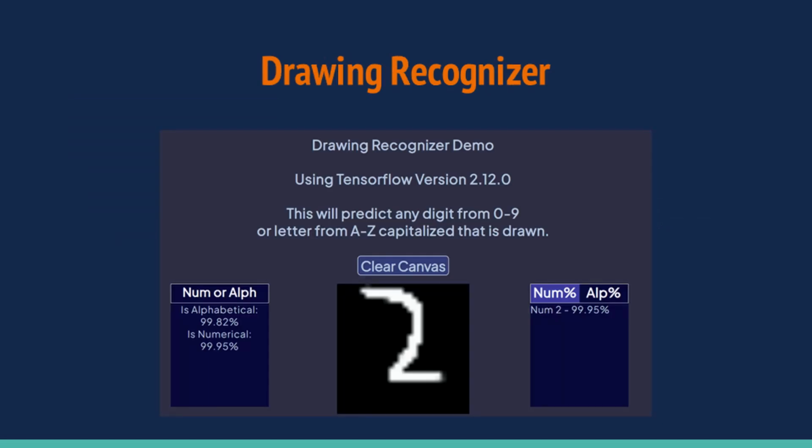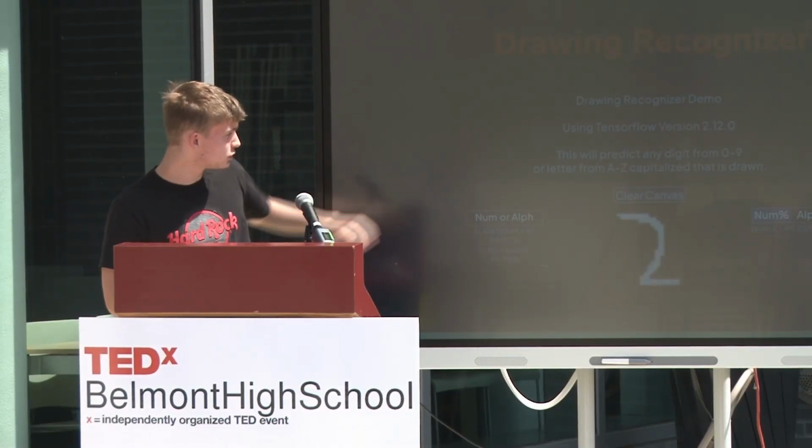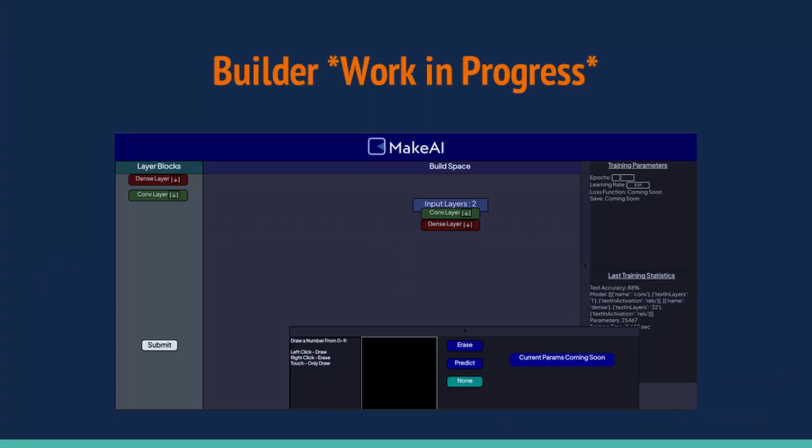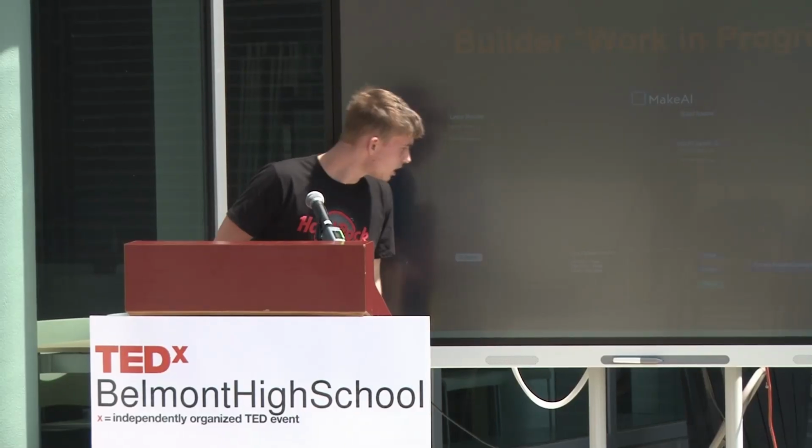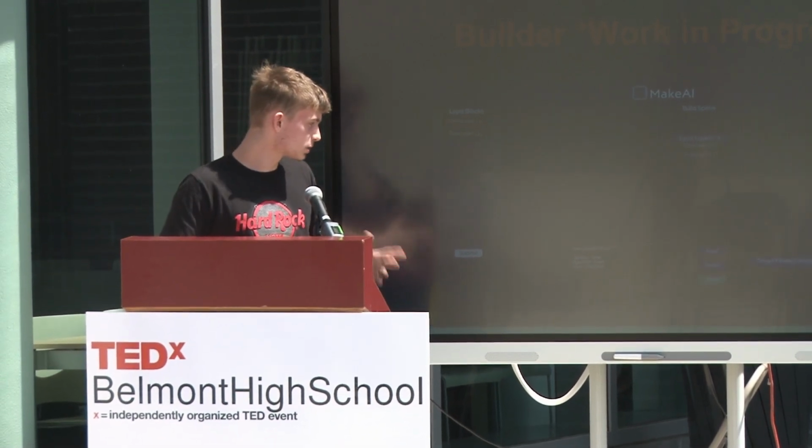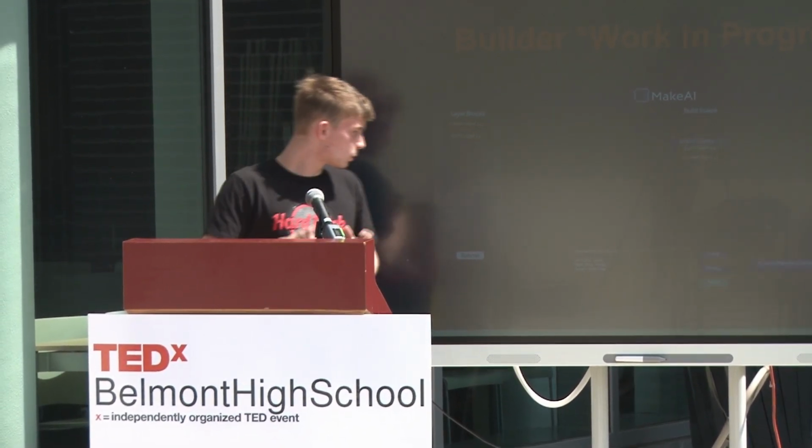Currently, they have a demo where you draw a number and it will recognize it. This is just showing how you can get AI on the web. The work in progress right now is a build-it mode. Basically, you build your own AI and train it on your own data, and you'll test it down here. Your model will predict what it thinks your data is.